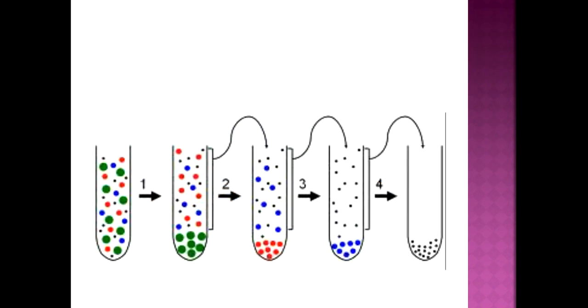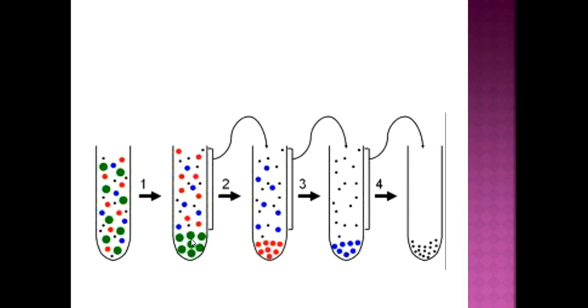This is an example that I came across and I want to share with you. Look at this first tube, being rotated at high speed. The initial particles present are green, blue, black, and red. As we have seen previously, larger or bigger particles will always settle out first.